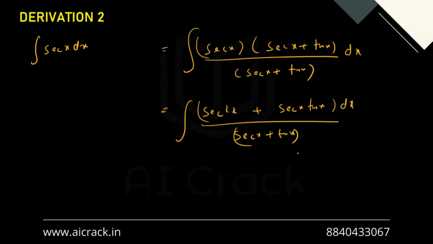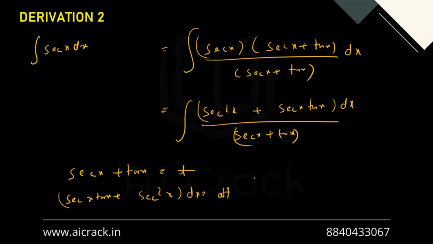Now if we take sec x plus tan x as t, and differentiate this, we'll be getting sec x tan x plus sec square x dx equals dt. You can see that this is the numerator only. So we've got the perfect substitution. Now this would become dt upon t only.